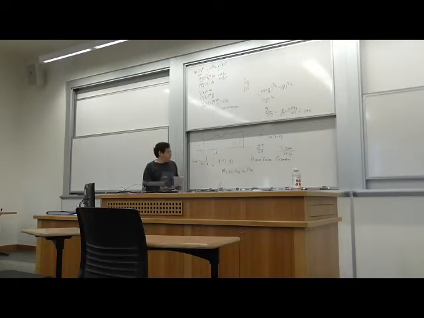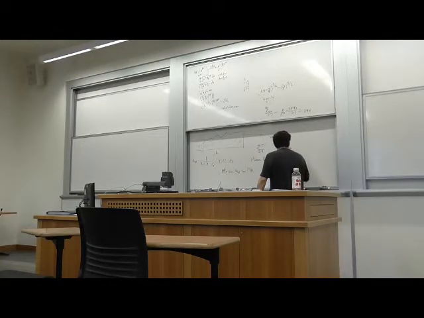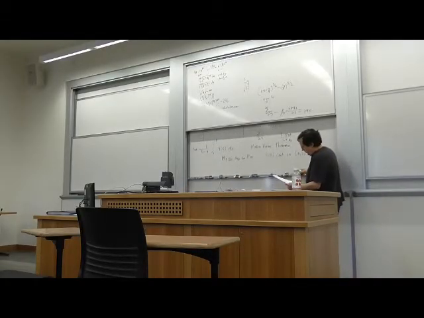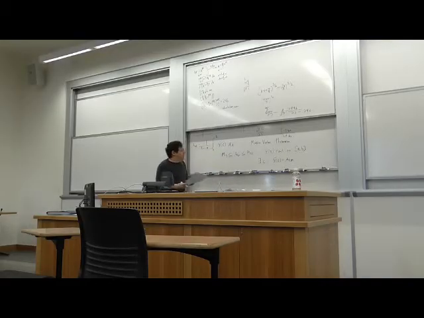So what the mean value theorem tells us is this: for f continuous on the interval a to b, it says there must exist a c such that f of c equals the average. In practice, it's not that difficult to find that value if you have a function.